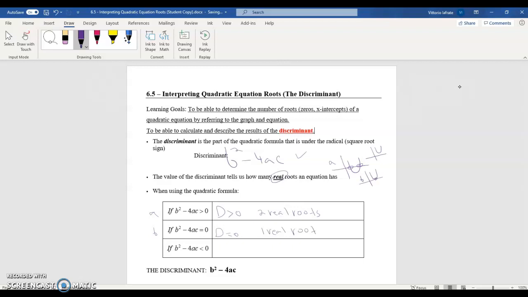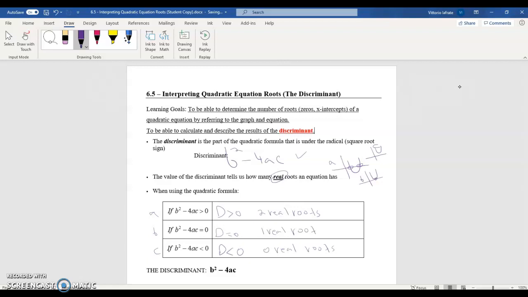This is situation B over here. And if your discriminant is less than 0, so in other words negative, then what that's going to mean is that you have 0 real roots. So that would be situation C, which you can see over here.